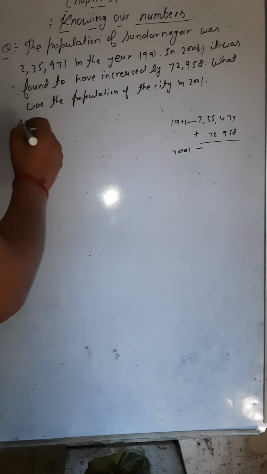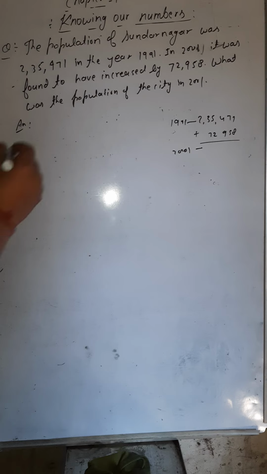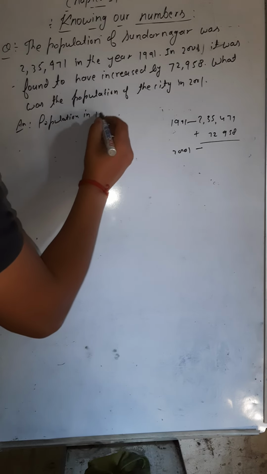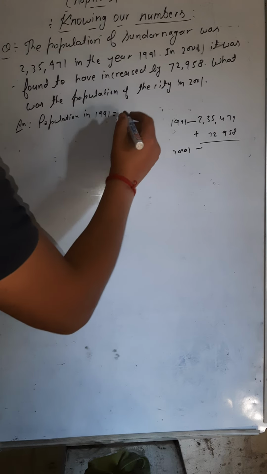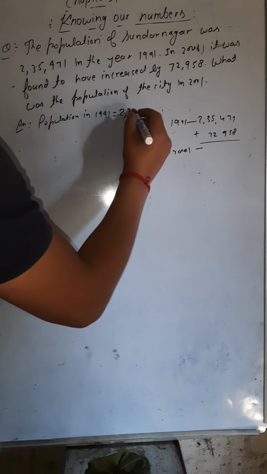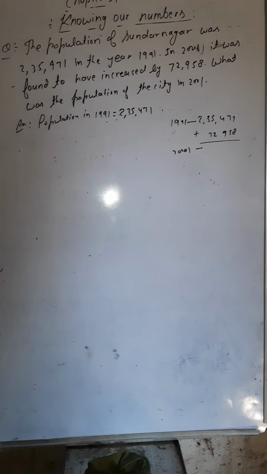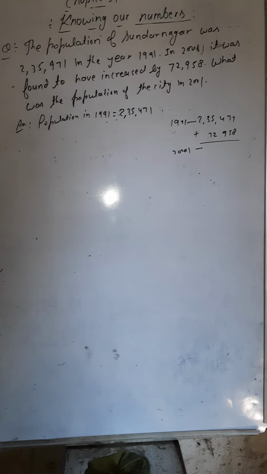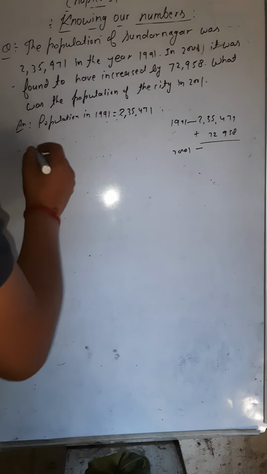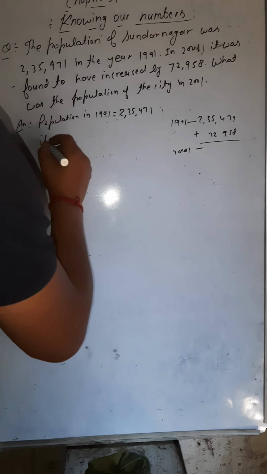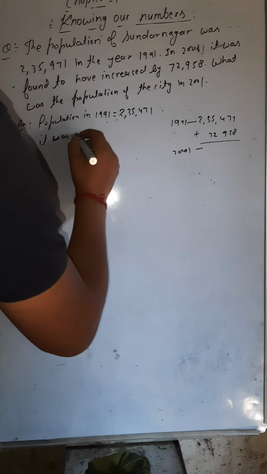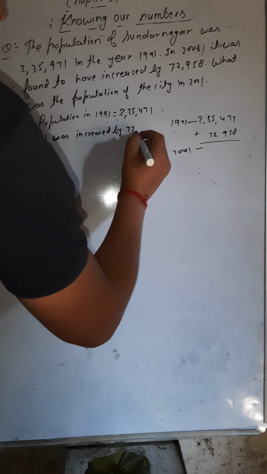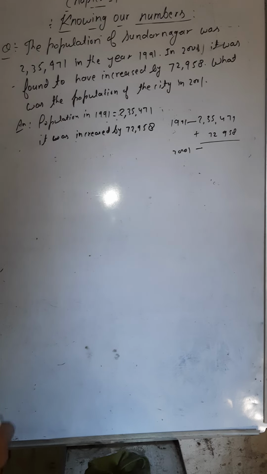Okay, so let's write here. Population in 1991. How much was the population? 2,35,471. Okay. Now the population in 2001 was increased by 72,958.